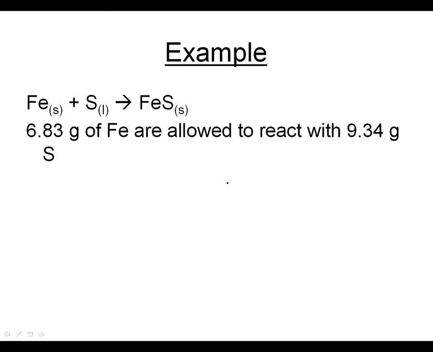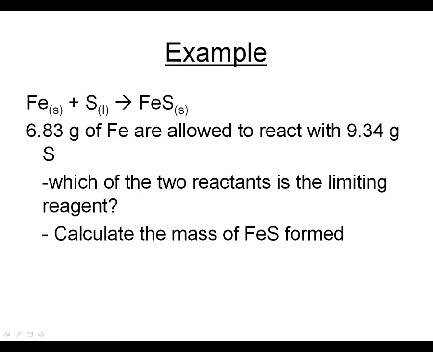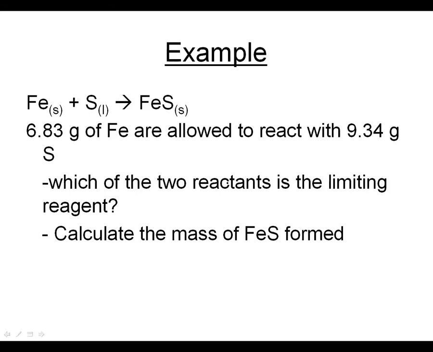All right, so let's take a look at this one here and figure out what is going on here. So Fe, so we got 683 grams of iron, 934 grams of sulfur.